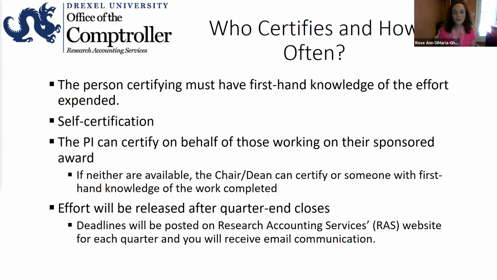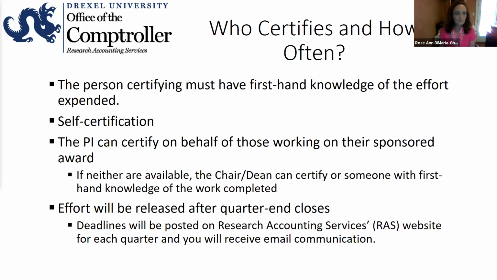So the person certifying, whoever's certifying, must have firsthand knowledge of the effort expended. That's why you need to do it yourself, or the PI does. If for some reason you need a proxy, the folks in the Office of Research here in CNHP or Finance can't certify because they don't know the amount of work you did on the grant.